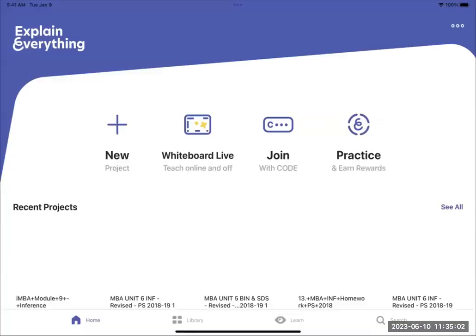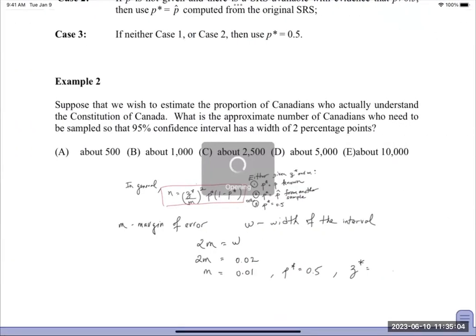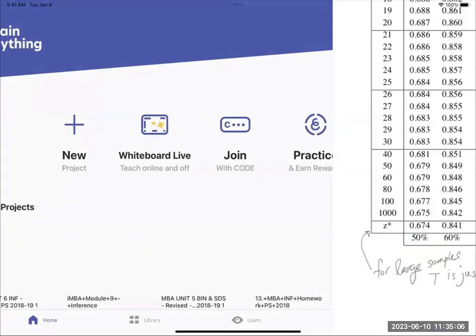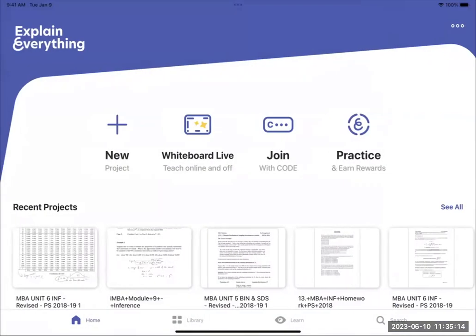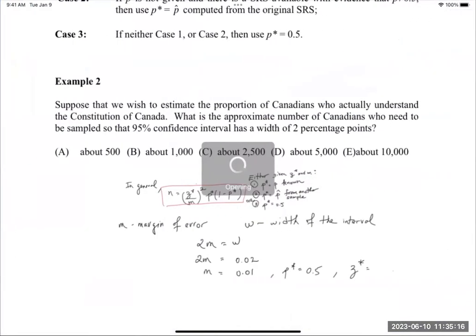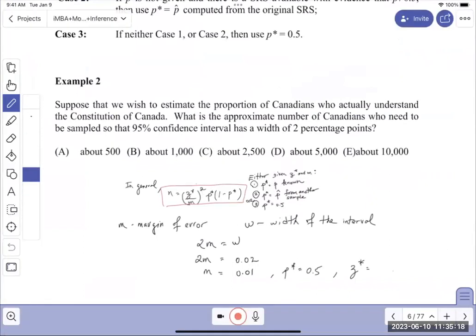Oh, 96. What did I say? 95. Okay. So you got that from the table, right? You went here and 95% is 1.960. So you can use this table. That's the easiest way to get the critical value for the confidence level. So 1.960. Okay. I knew that. Just slipped my mind. All right, so we have all those values.